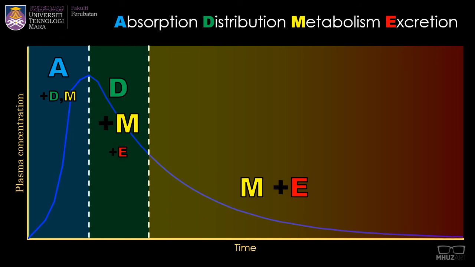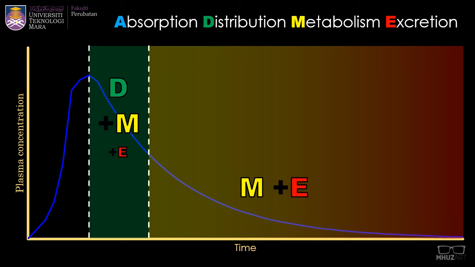Okay, now we come back to this graph again. The reason that I keep showing this graph is just to familiarize yourself with all the various stages in the plasma concentration versus time curve. We've talked about the absorption and slightly about the distribution.